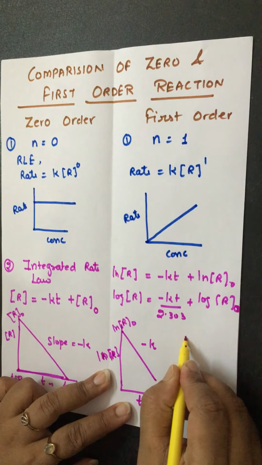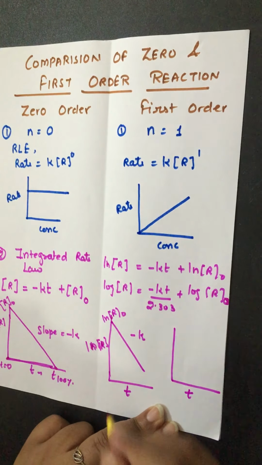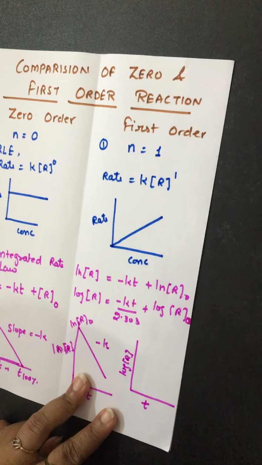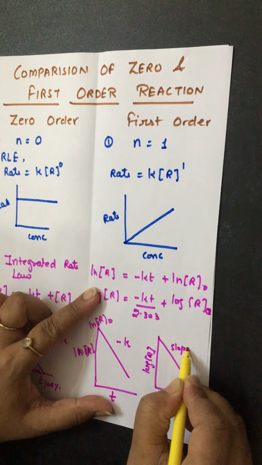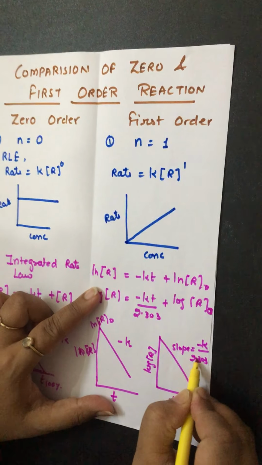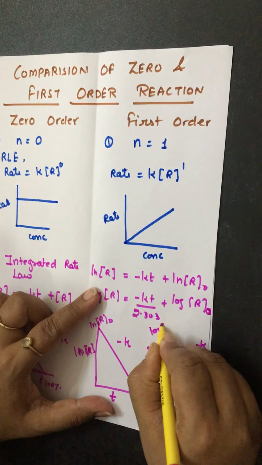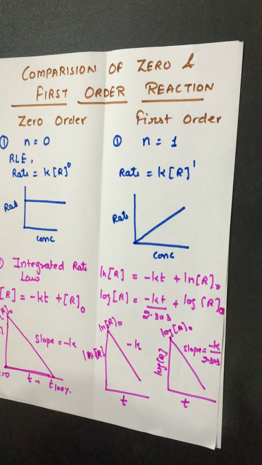In terms of log, t on the x-axis, on the y-axis log R, and the slope of this graph will equal minus k over 2.303, like this, and intercept will equal log R naught. Match your answer. Hopefully it would be right, and if it is right, very good.